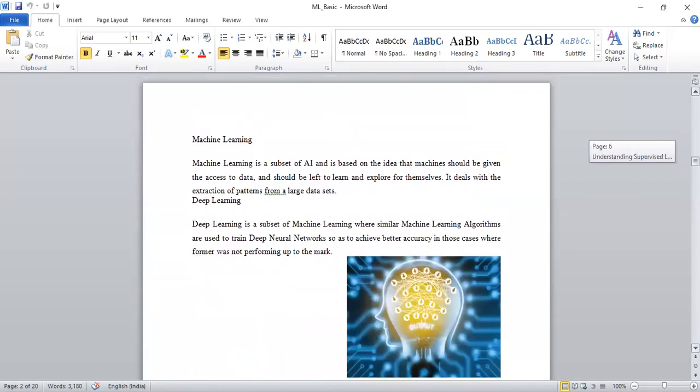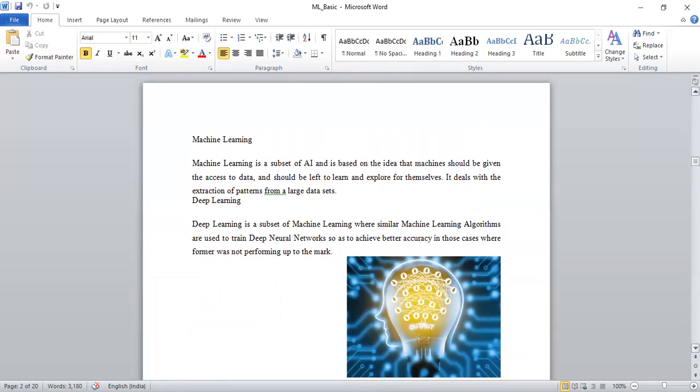So machine learning is key. Machine learning is a subset of AI and is based on the idea that machines should be given access to data and should be left to learn and explore for themselves, that is, from the given data. It deals with the extraction of patterns from a large data set.